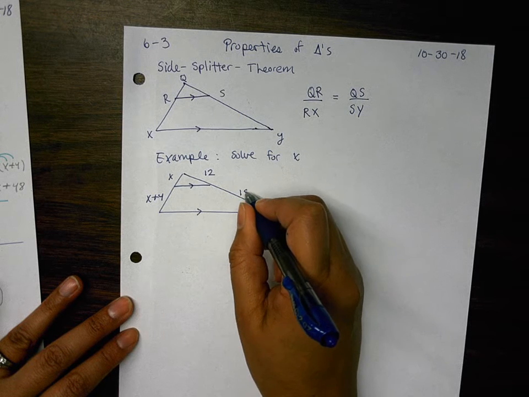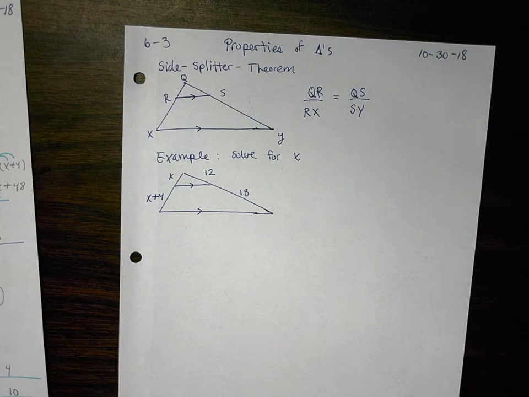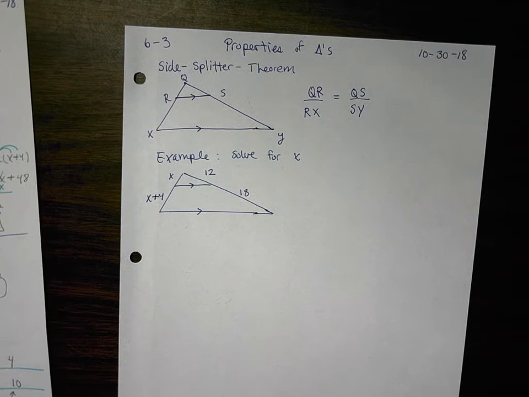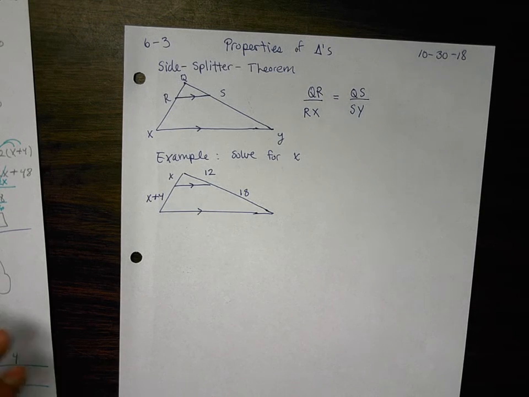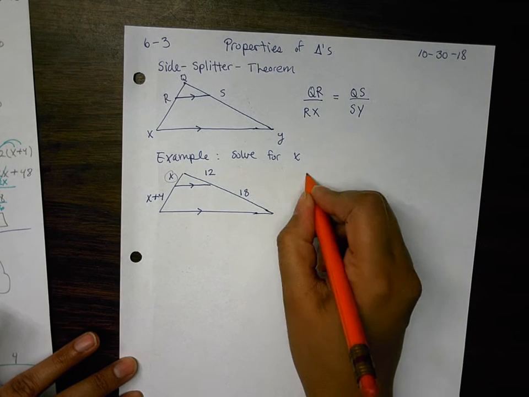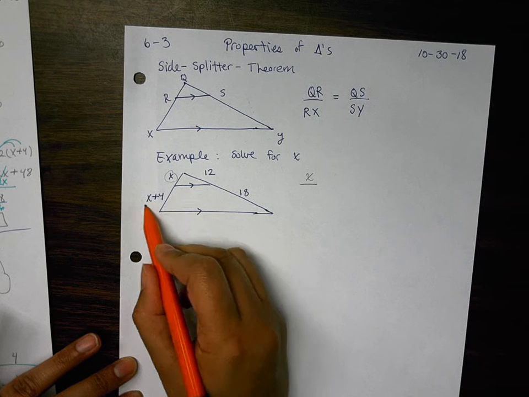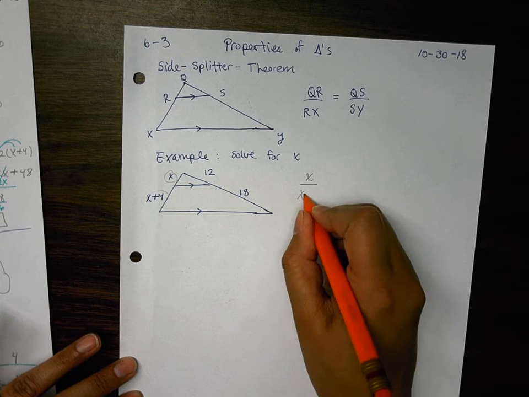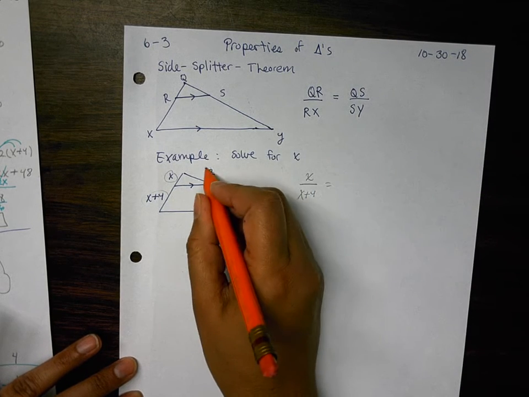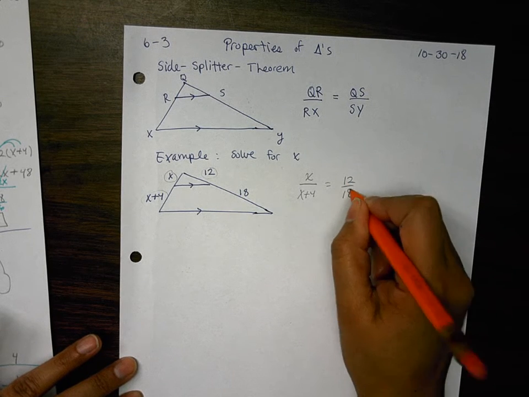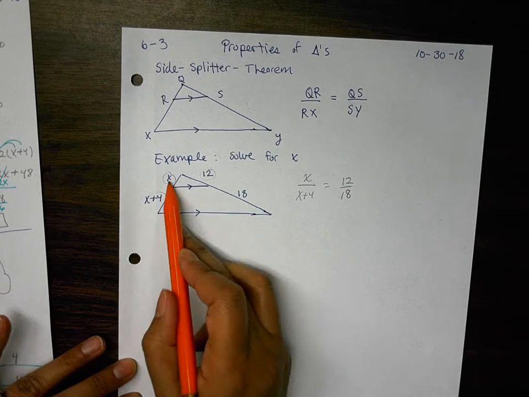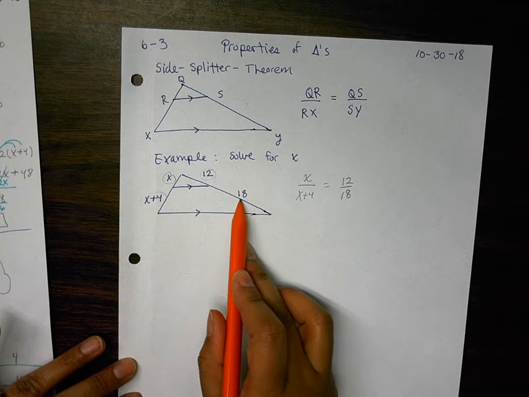This is 18. Okay, so when we make our proportion, I'm going to start with X and write it as X over what? Equals 12 over what? And that's it. You cross multiply and solve. X over X plus 4, 12 over 18.